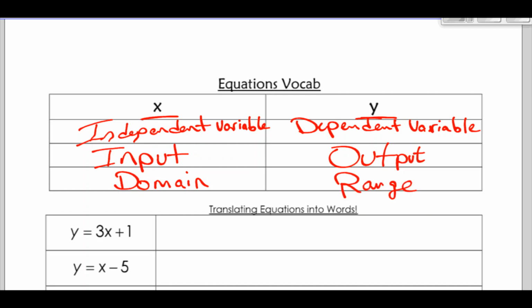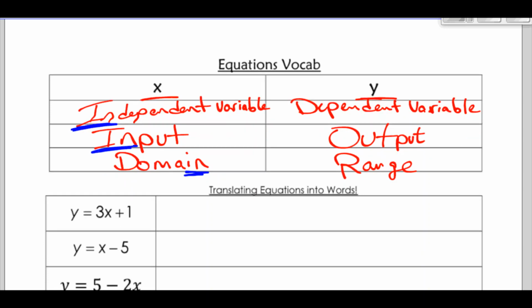If you can't really remember these, the easiest way to remember these is that the x always goes into the equation, and we have an output for that. And the word in is in each of the vocab words for x.